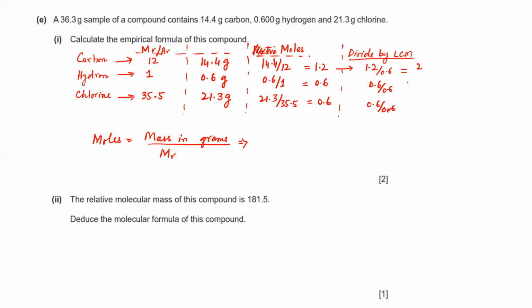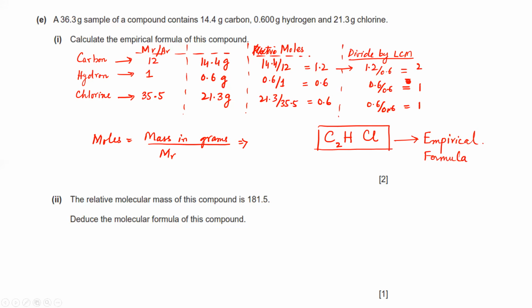So this comes out to be 2, this comes out to be 1, this comes out to be 1. So the empirical formula will be carbon with 2, H and Cl. This is your empirical formula.